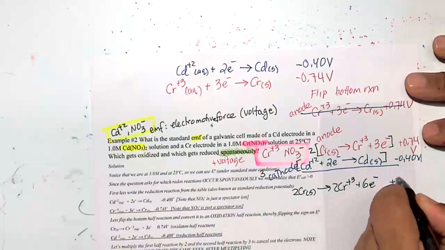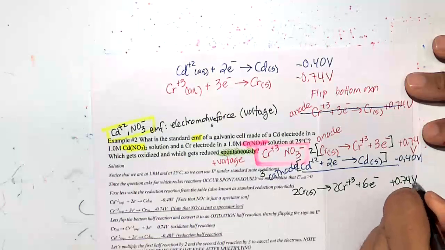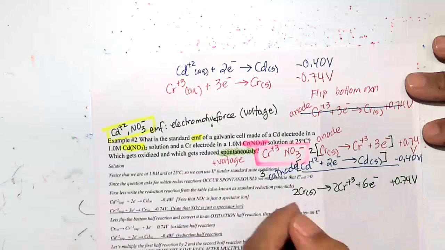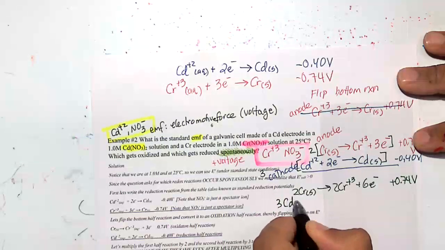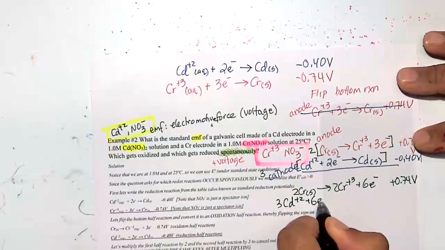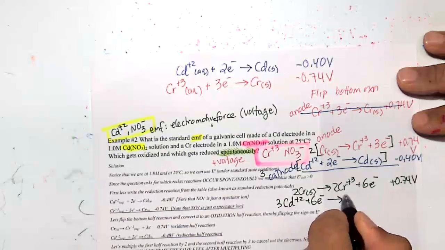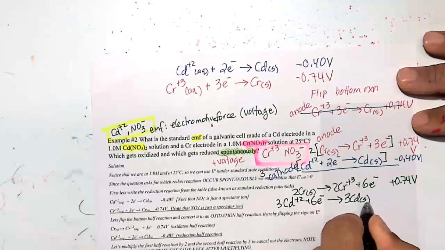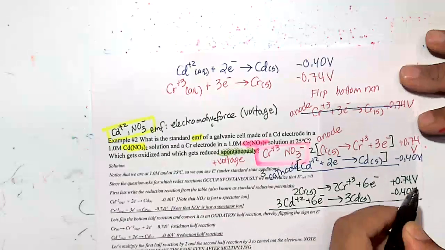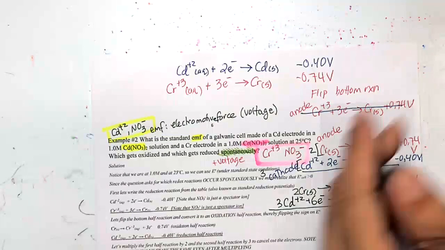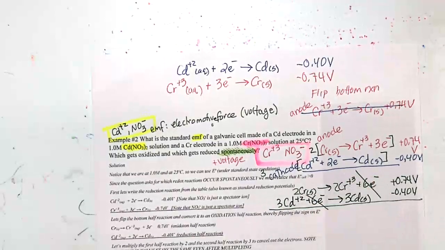I multiplied the top by 2. What will this voltage become? Stays the same. I multiply the bottom reaction by 3. What will the voltage be? The same. Okay, this is a 6-electron transfer reaction.